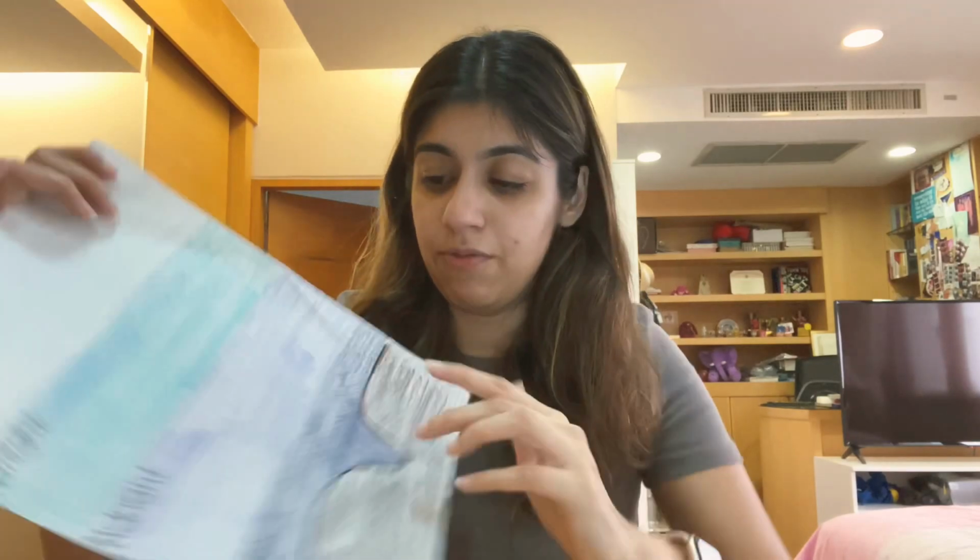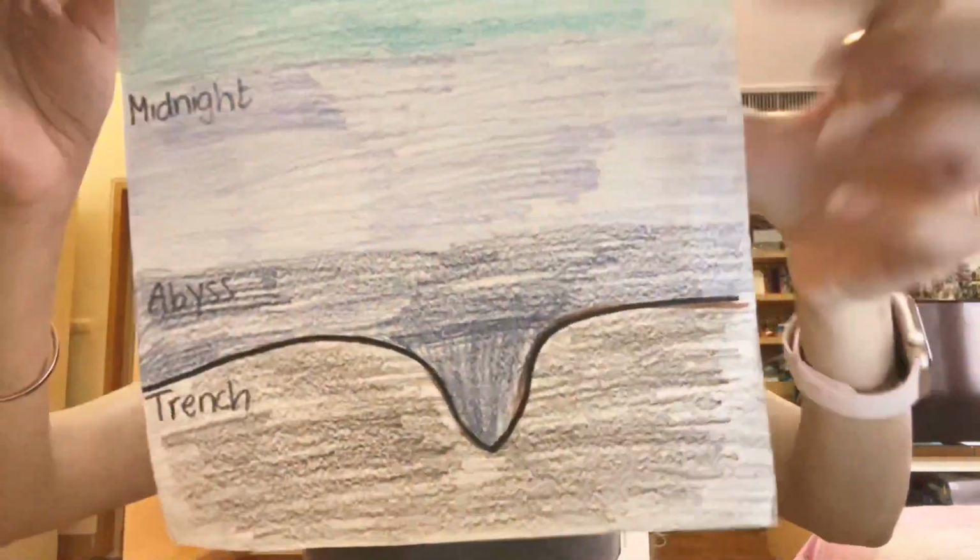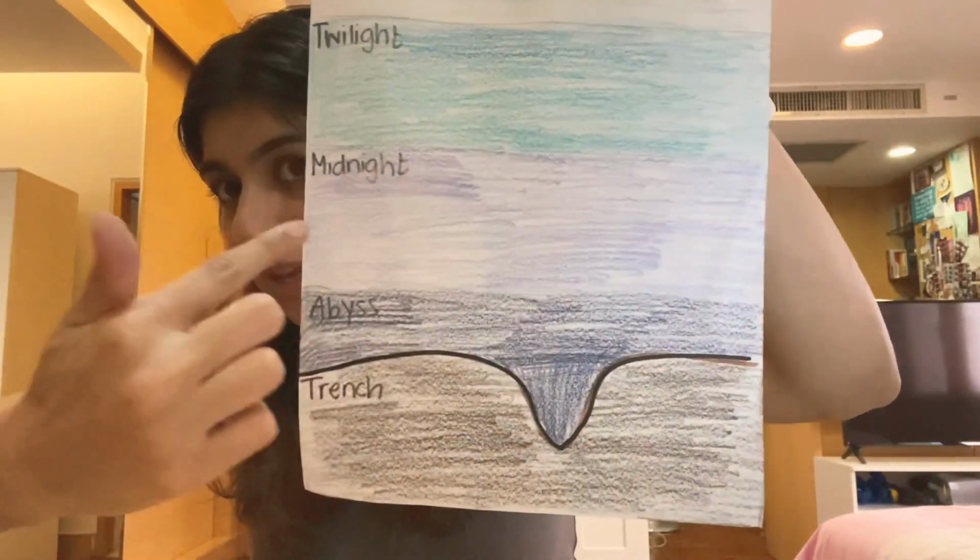All right, next zone we have the midnight zone. Here, see, this is the midnight zone. In the midnight zone, there's no sun, so it's dark and they can't see. So the animals that live in the midnight zone have to use their movement, their smell, and sound to find other fish to eat so they can survive, to get prey.